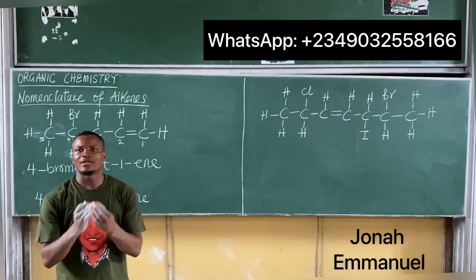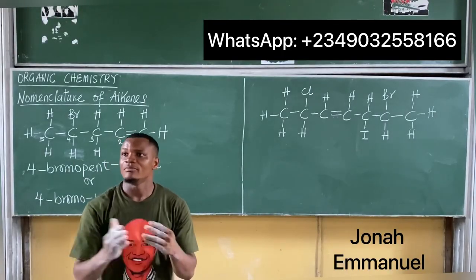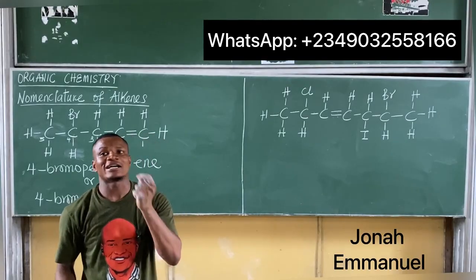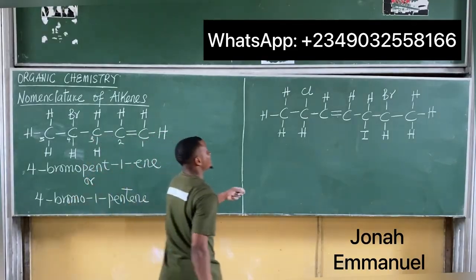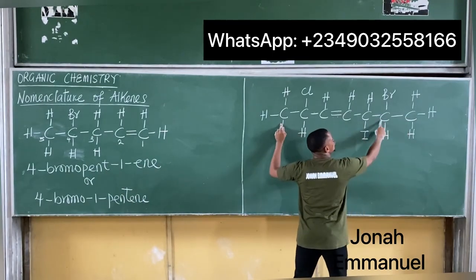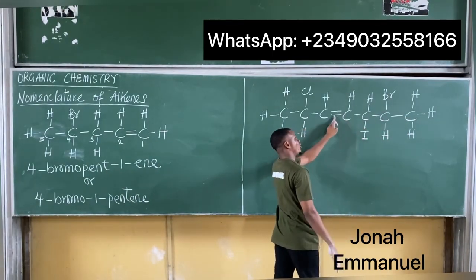Number it in such a way that the smallest number is attached to the carbon bearing the double bond. The double bond has priority over other substituents. If I start from right to left, I'm numbering 1, 2, 3, and it's carbon 4 that bears the double bond.